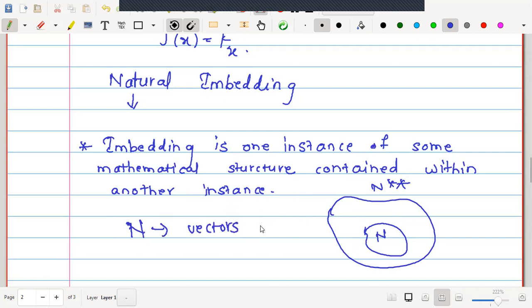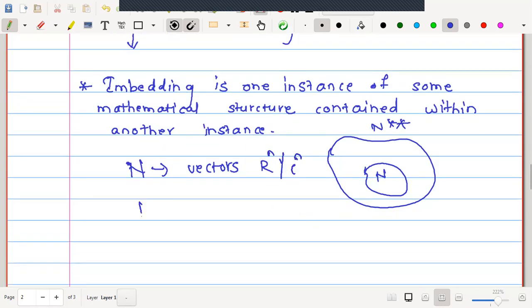If we consider N to be an n-dimensional linear space, then these are the vectors from an Rn space or Cn space. But what is the nature of elements in N double star? These are functionals. The structure of elements in both the sets is different, but still we are saying that N is contained in N double star.